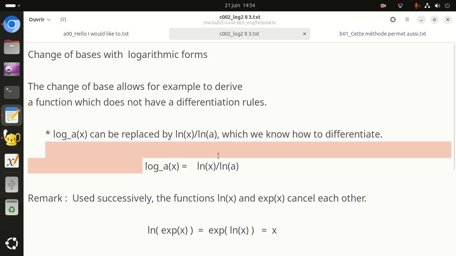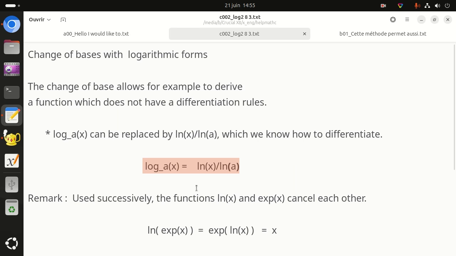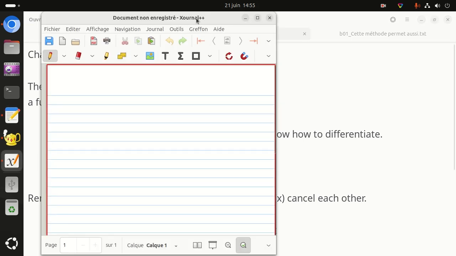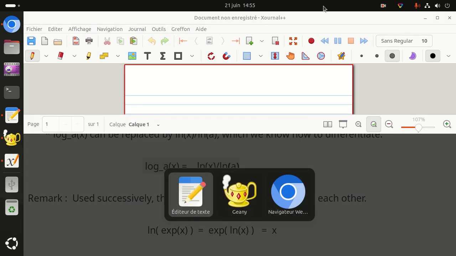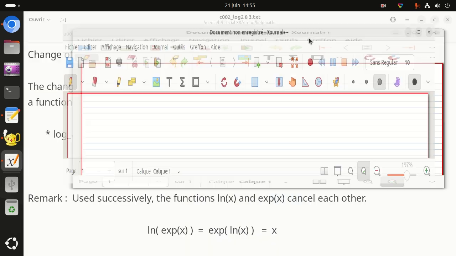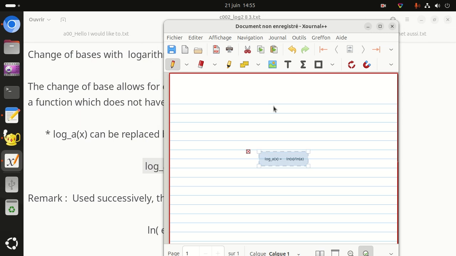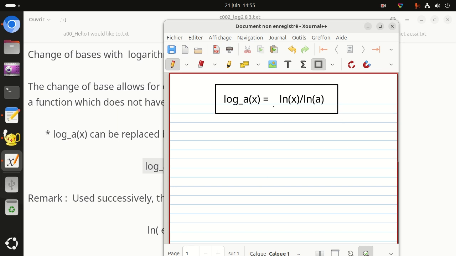Now it can be interesting to understand how to obtain this value, this equality. This is the equality that I want to understand how to obtain.